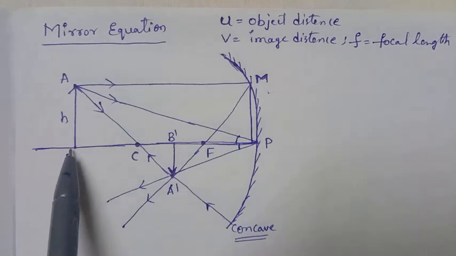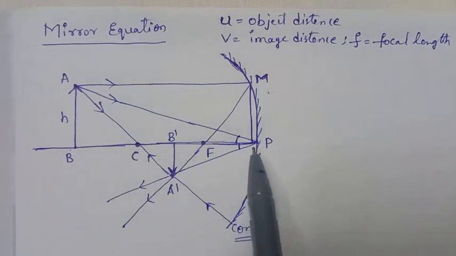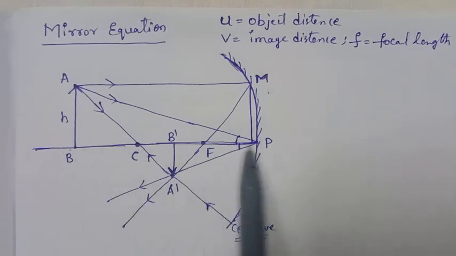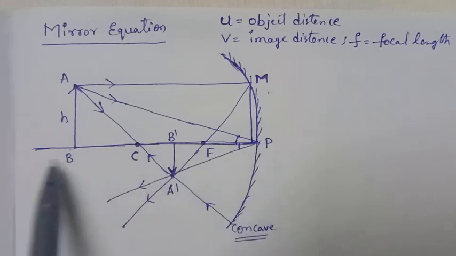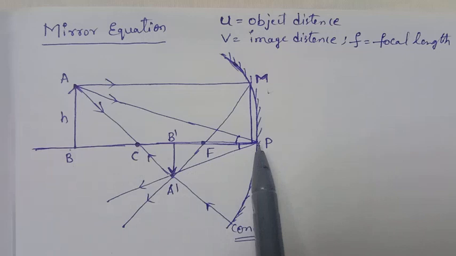Every distance is measured from the pole, but here the object is located on the left side. That means all the distances on the left side are taken with a negative sign.